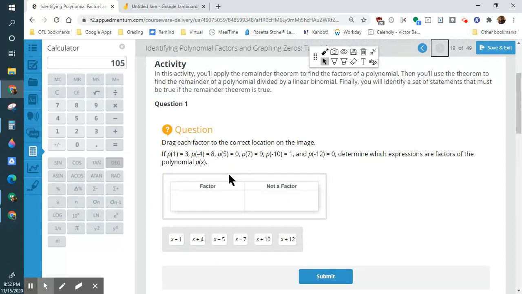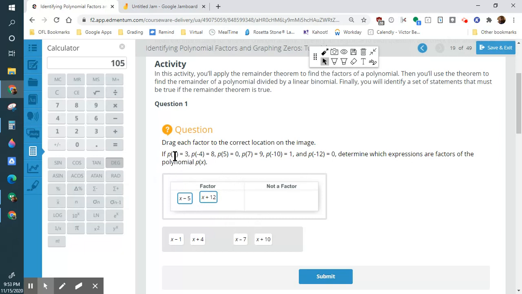So, which one of these are factors? If we plug in a 5, we get a 0. So it's a positive 5, and we want it to be negative. Where's another 0? This is a negative 12, so this is going to be a positive. It's always the opposite sign when it's something this simple. And those are the only zeros.